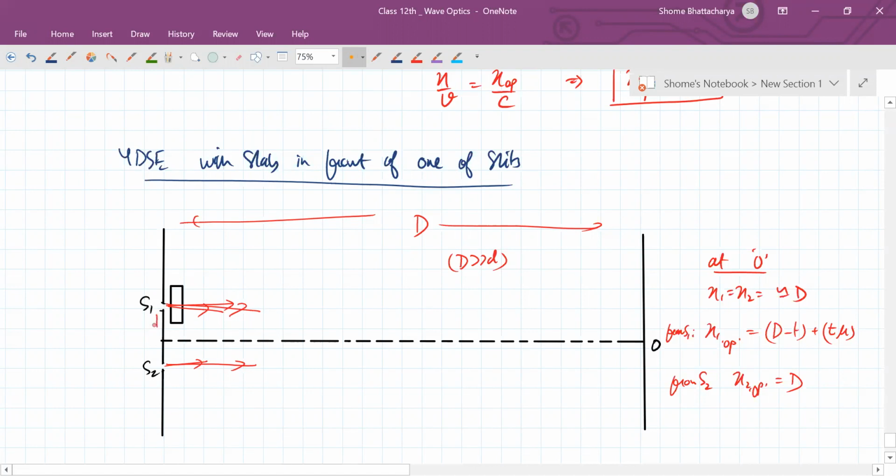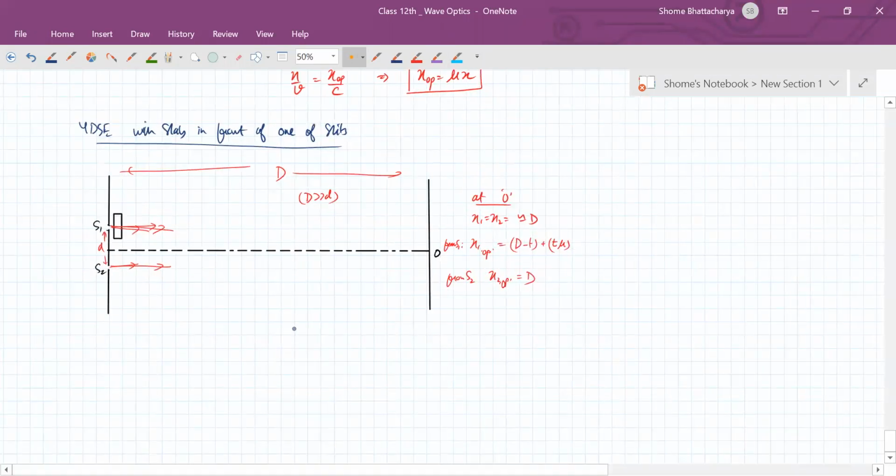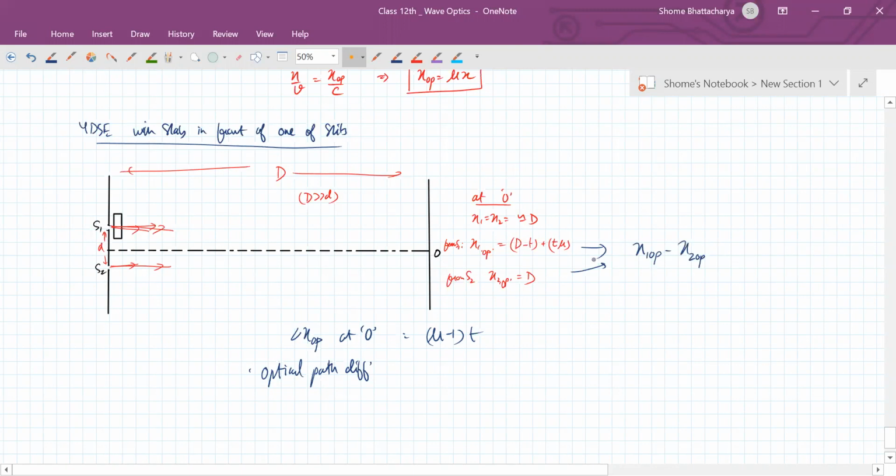So hope this point is clear to all of you. So we can say that the phase difference of light reaching at O, or we can even introduce the term optical path difference, the optical path difference at O, that is becoming just mu minus 1 into the thickness. It's just this thing minus this thing. It is x1 optical minus x2 optical. That thing is mu minus 1 into the thickness of the slab.